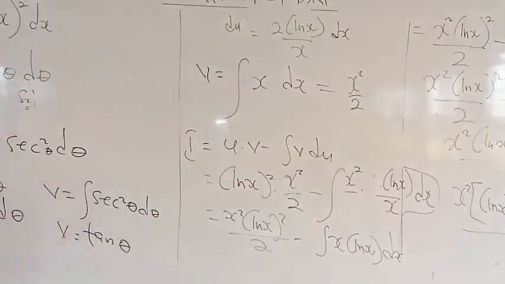Alright, therefore, the result is going to be uv, theta tan theta, minus the integral of v, which is tan theta d theta.